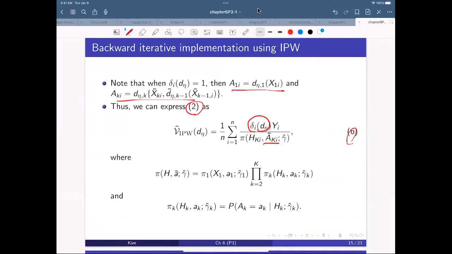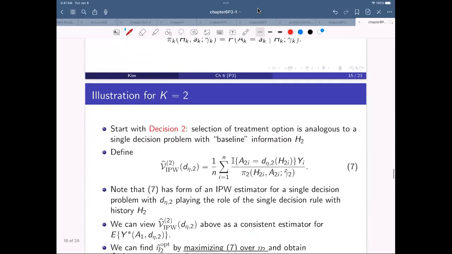And it's okay because for delta equal to 1, A equals D, so that's why we can write it this way.